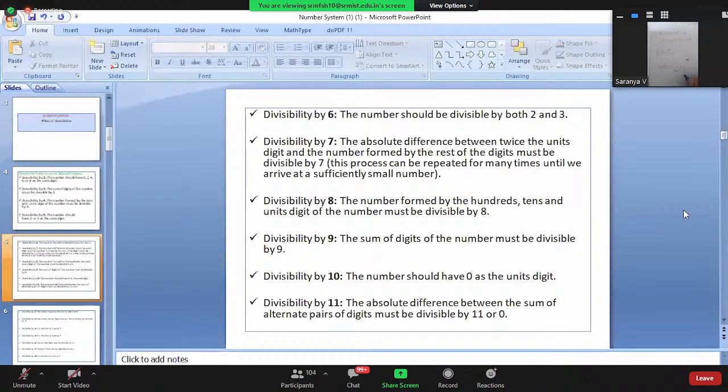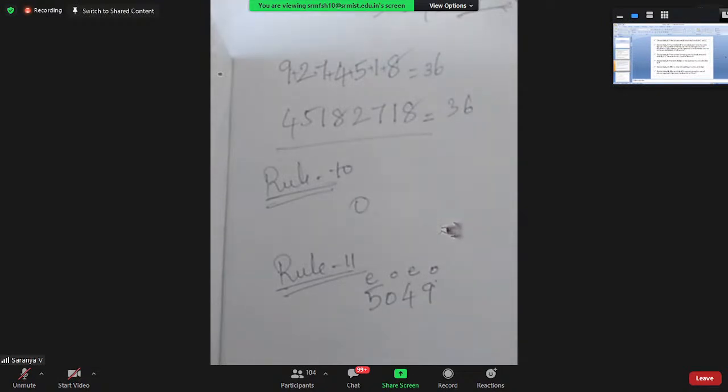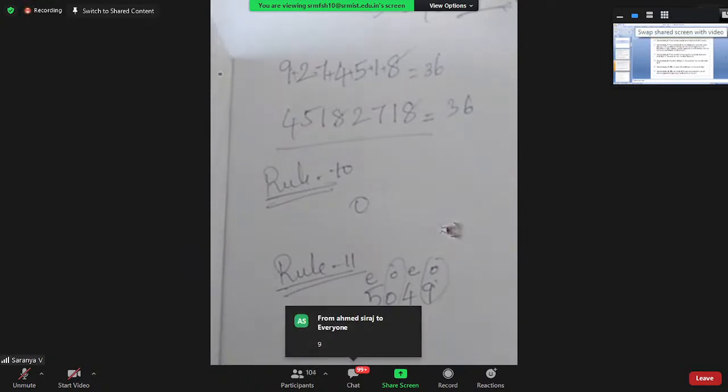What is the sum of the digits in the odd places? Just add the digits in the odd places. What is the sum? 9. Okay. And the sum of the digits in the even places is also 9.